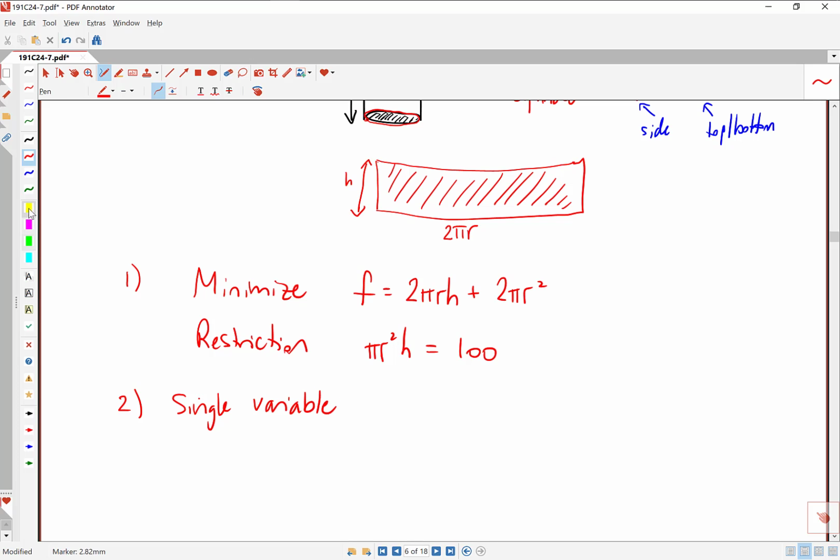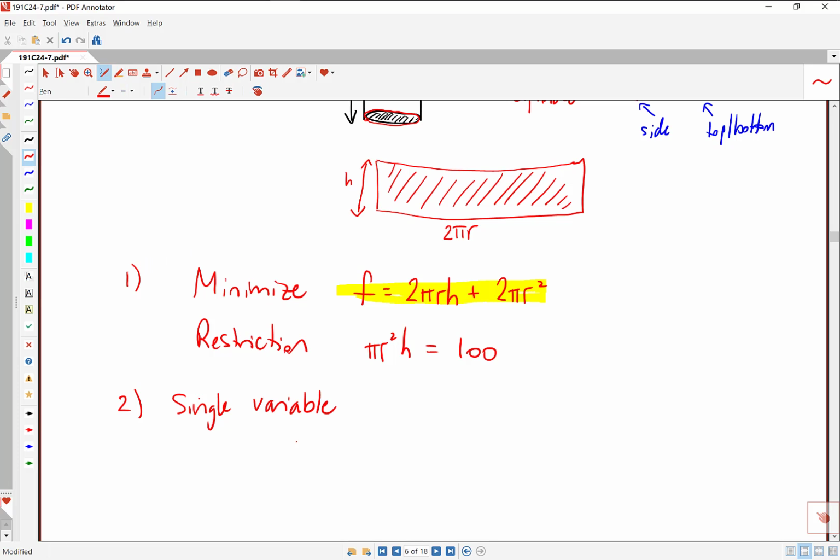Right now, our function f has 2 variables in it, r and h. If you think about it, the r appears a couple of different times in this formula, whereas the h only appears once. So basically what you want to do is you want to get the h out of this. It's the one that occurs least often. So let's think about getting the h out of this, and then we'll just come up with a nicer formula for f that we can take the derivative of.